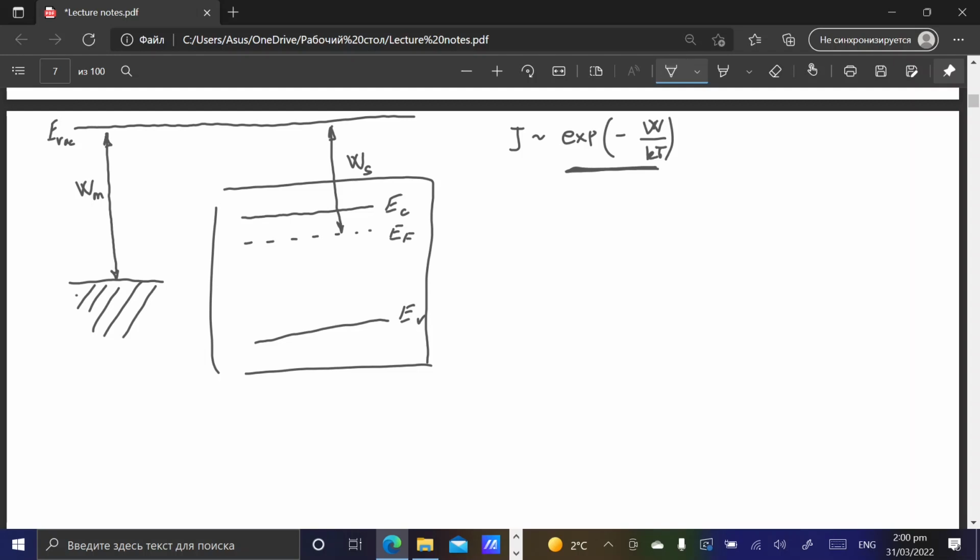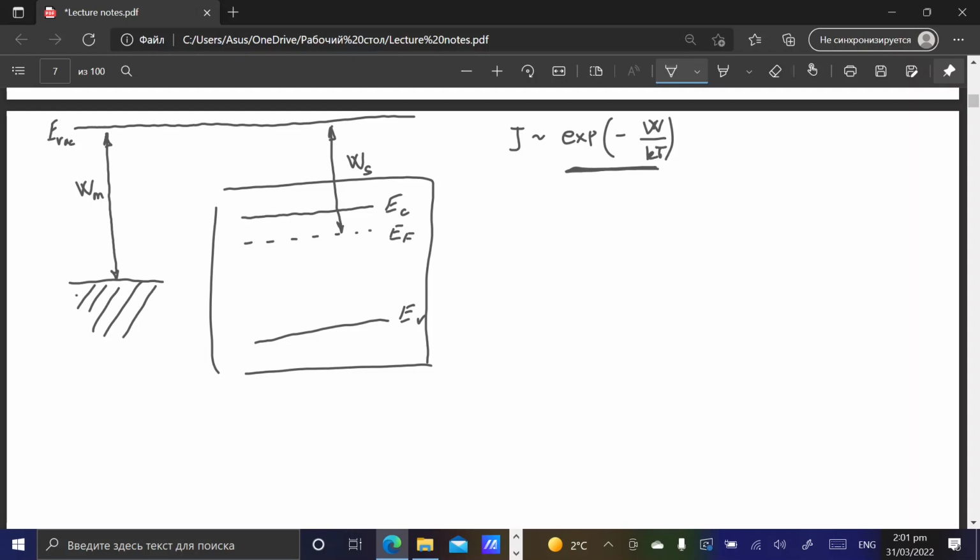What happens if we have some space charges, positive and negative? What happens in the vicinity of these charges? Obviously, they create an electric field. So they create an internal electric field, and its direction will be from the semiconductor, where we have positive charges, to the metal, where we have negative charges. Its direction is such that it will prevent further net flux of electrons from the semiconductor to the metal.